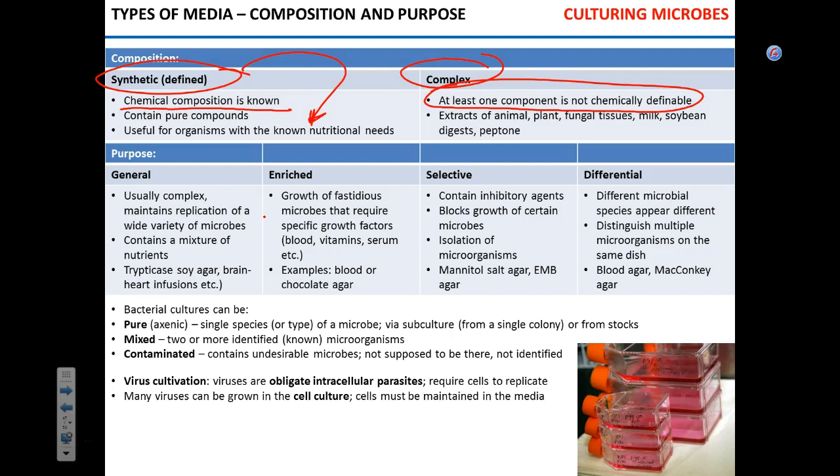Think about that TSA agar that you used. It has a breakdown of soy protein. So that's why trypticase soy. It has some yeast extract. It has agar. So it has a lot of nutrients. When we put a microorganism on this agar, we don't know what this microorganism needs.